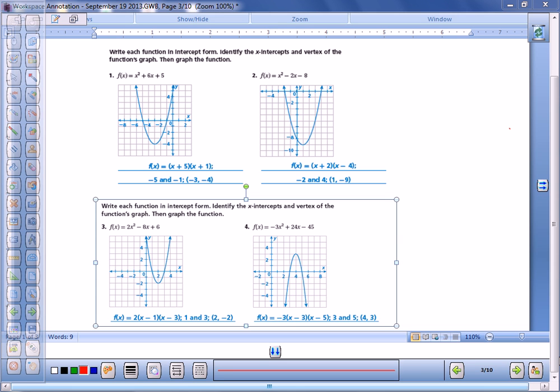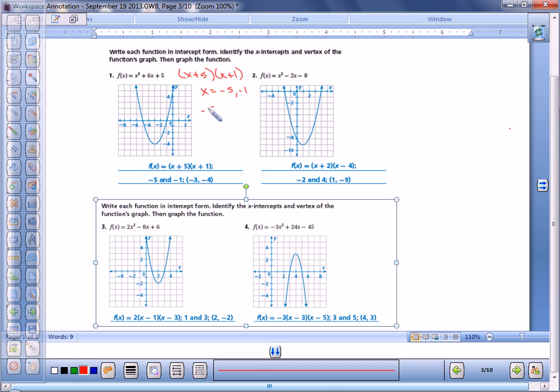Okay. Alright guys, so here's the homework. Do you guys have any questions? First period several of my students were uncertain about how I kept finding the vertex. Well, if we factor this, it factors to x plus 5 and x plus 1. So my x-intercepts are -5 and -1.